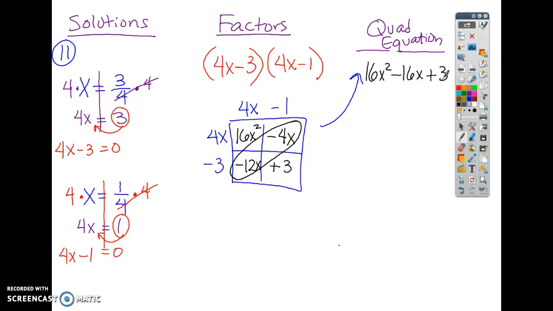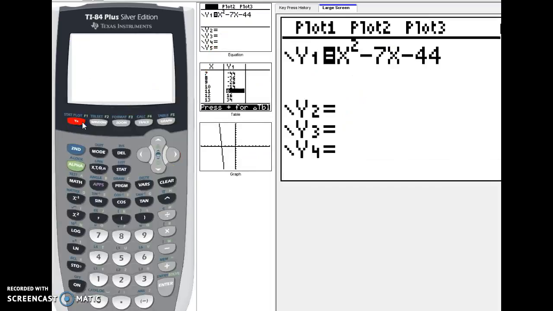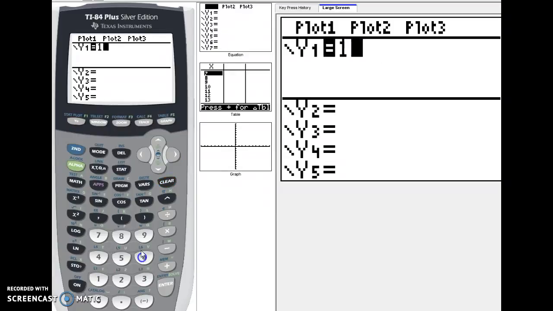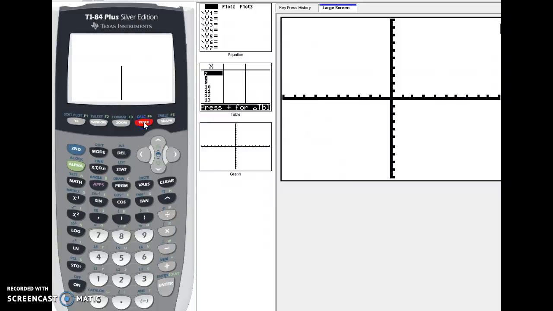You have to check it, make sure that 3/4 is a solution and 1/4 is a solution by putting 3/4 enter and 1/4 enter and trace. So you have 16x squared minus 16x plus 3 trace.